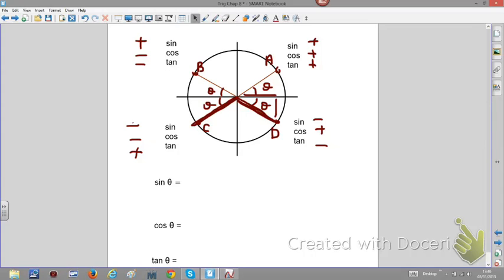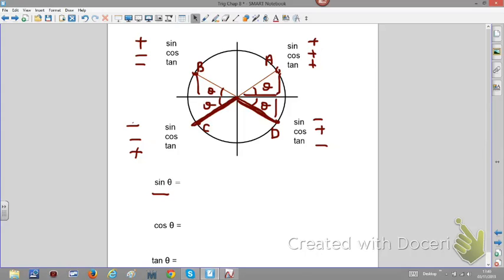Now let's think of some other values which would give us exactly the same as sine theta. The first one would be the y-coordinate for A. Another one would be the y-coordinate for B, and they're exactly the same.